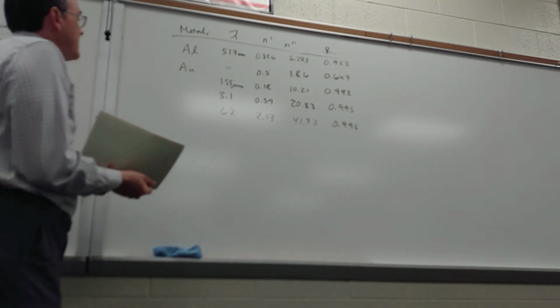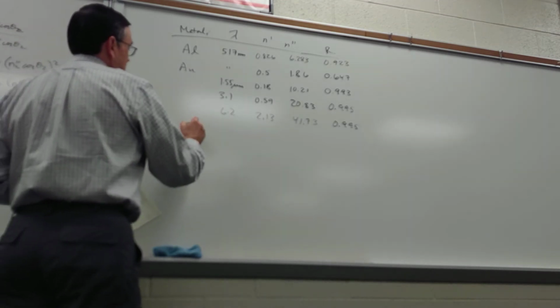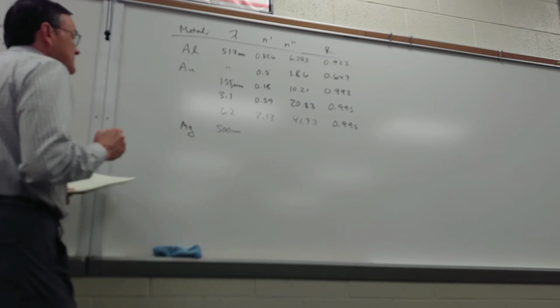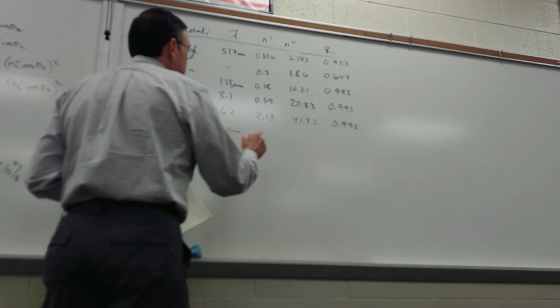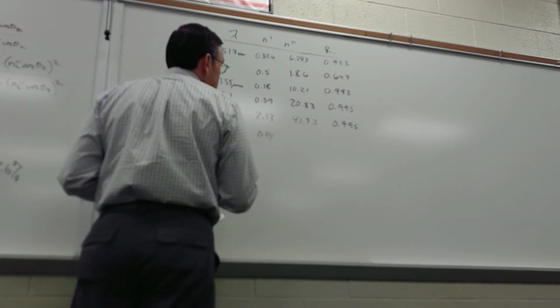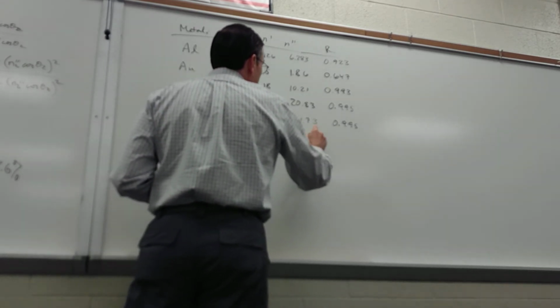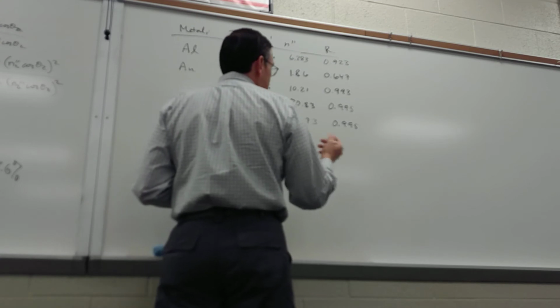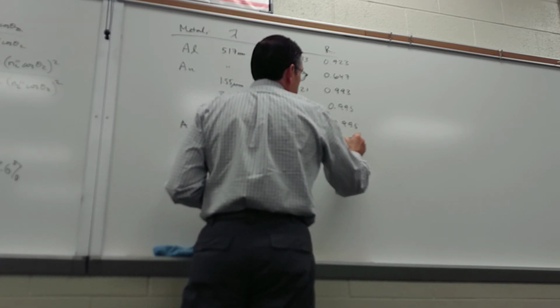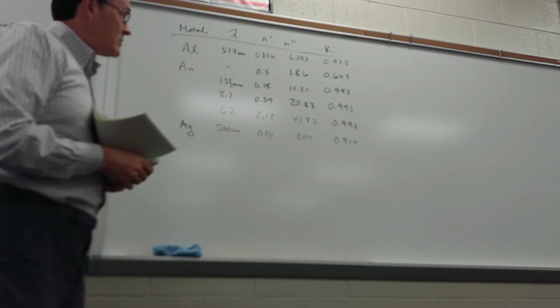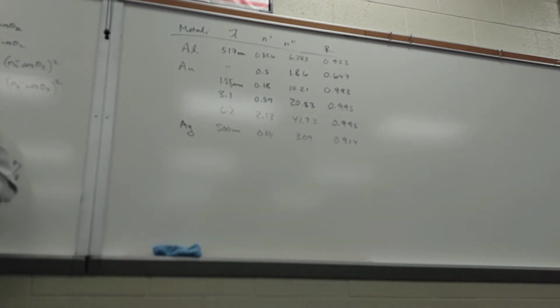If you take a look at silver, go back to the visible, 500 nanometers, then the real part is 0.24, so it's very low. The imaginary part is 3.09, and even though that's not that big, still, the reflectance is 0.914, so over 90% for silver.